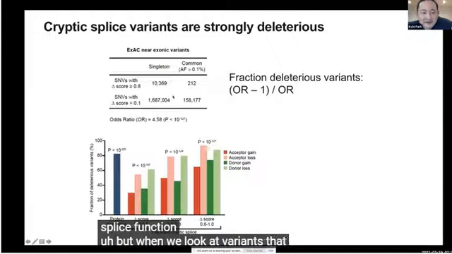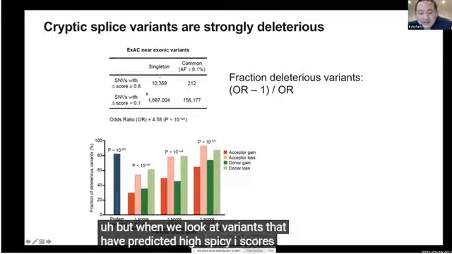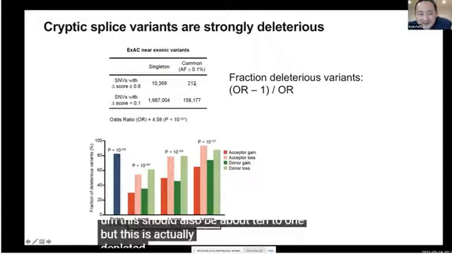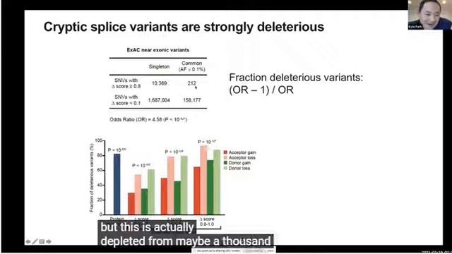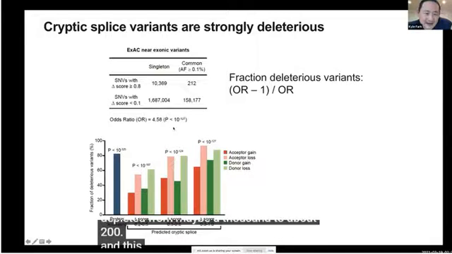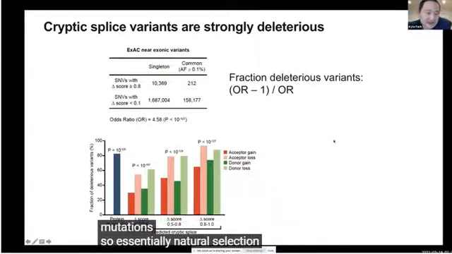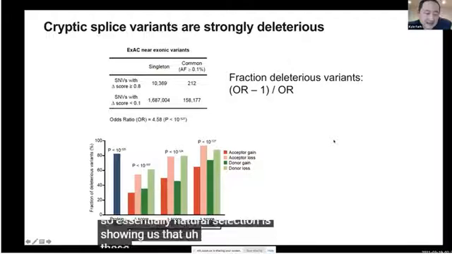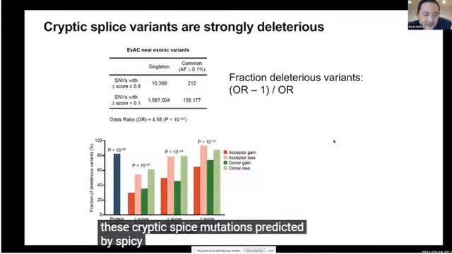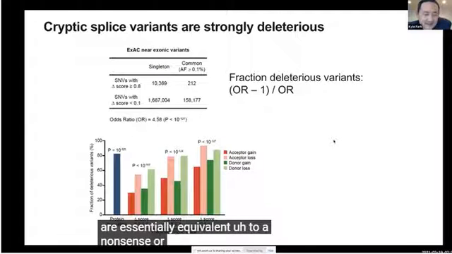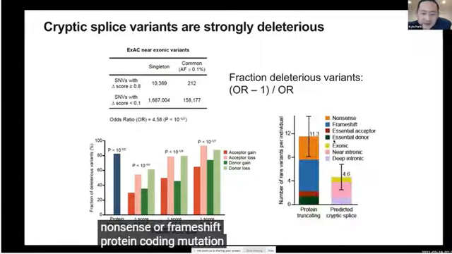But when we look at variants that have predicted high SpliceAI scores, this should also be about 10 to 1, but this is actually depleted from maybe 1,000 to about 200. And this depletion is actually very similar to that for protein truncating mutations. So essentially, natural selection is showing us that these cryptic splice mutations predicted by SpliceAI confidently are essentially equivalent to a nonsense or frameshift protein coding mutation.